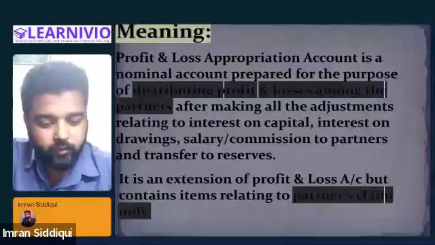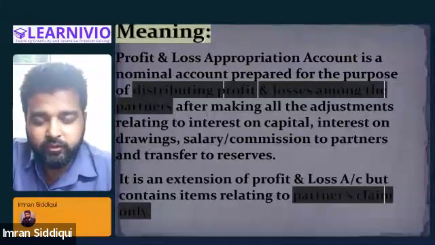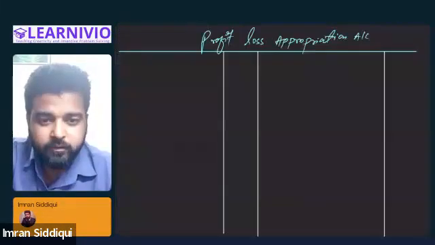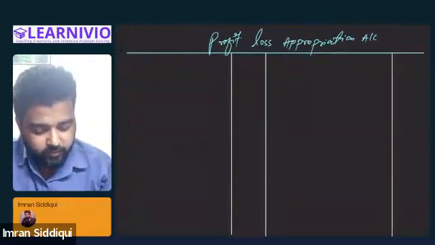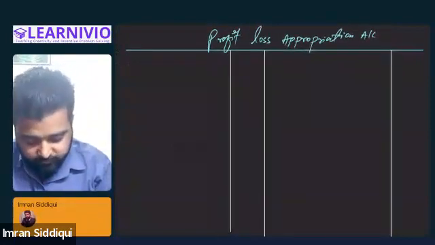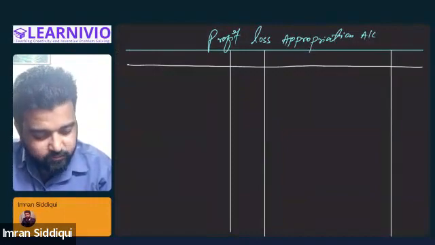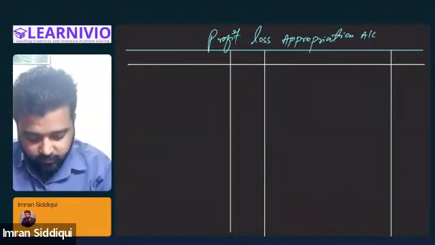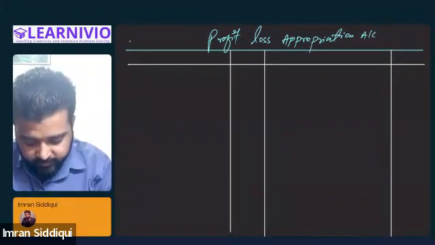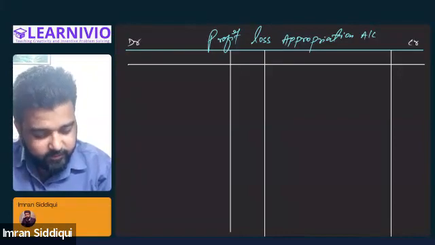Okay. Now let me show you how the profit and loss appropriation account is actually made. See, this is the basic format of the profit and loss appropriation account. We have, as usual, two sides: the debit side and the credit side. Debit side, and this is the credit side.